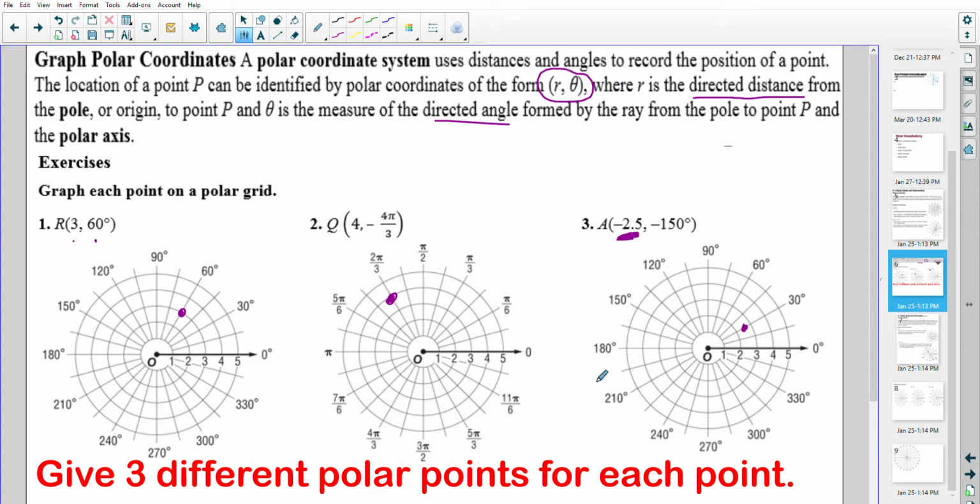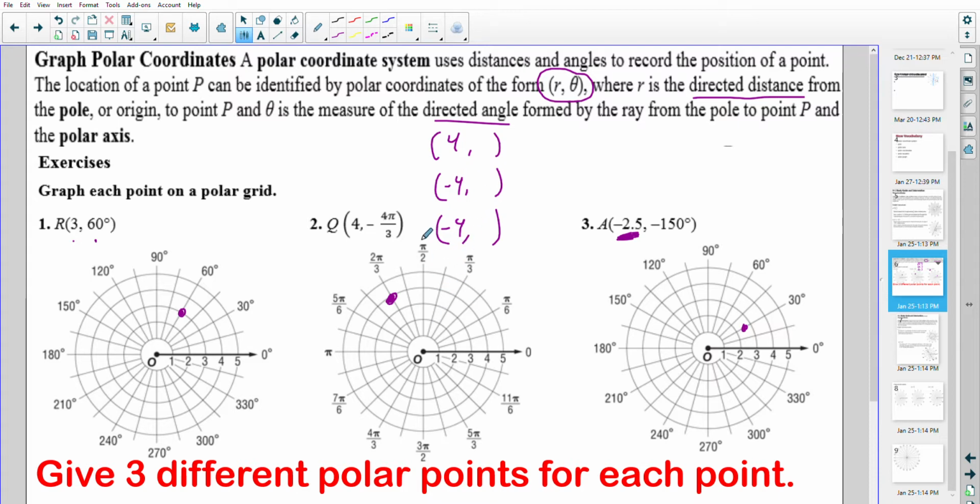Now, there are several ways of labeling the same exact point on a graph. Let's look at number 2 and come up with 3 other ways of labeling the same point. The easy way to do this is to look at that 4 and say, I've got to do another positive 4 and 2 negative 4s.